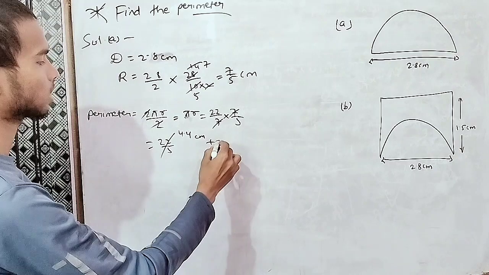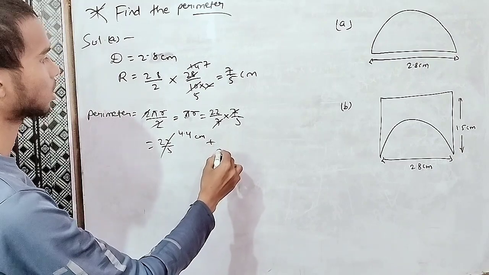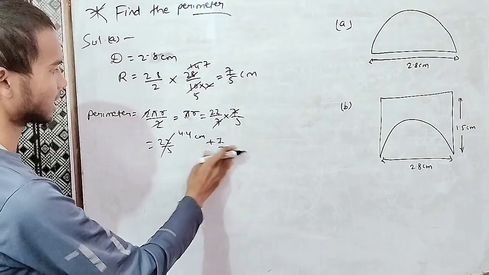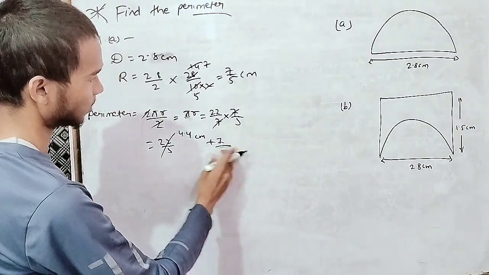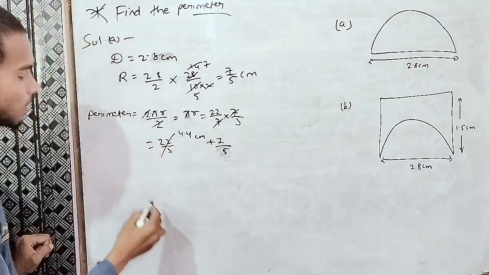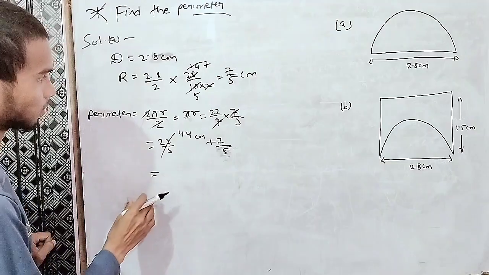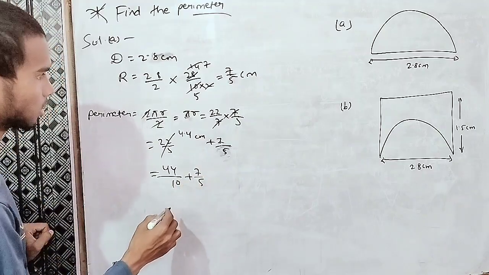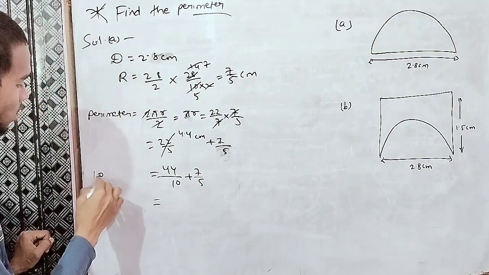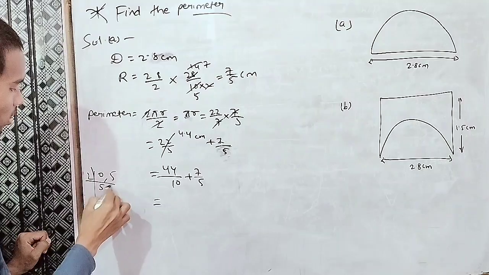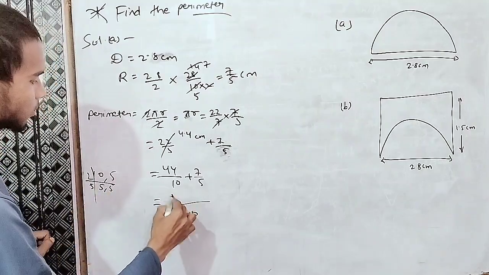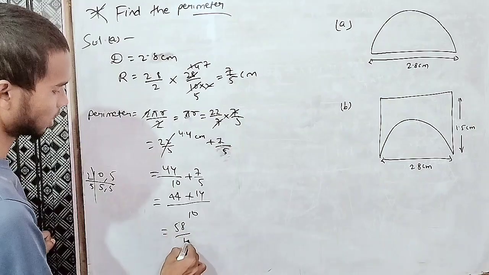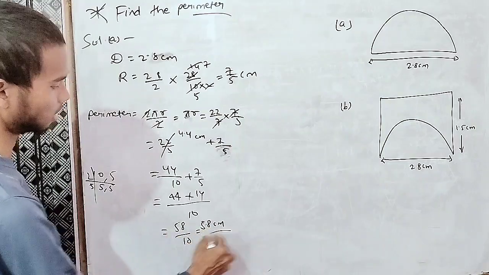And then we will add the diameter, 14 by 5, which is 14 by 10, then 14 by 10, 5.8 centimeter.